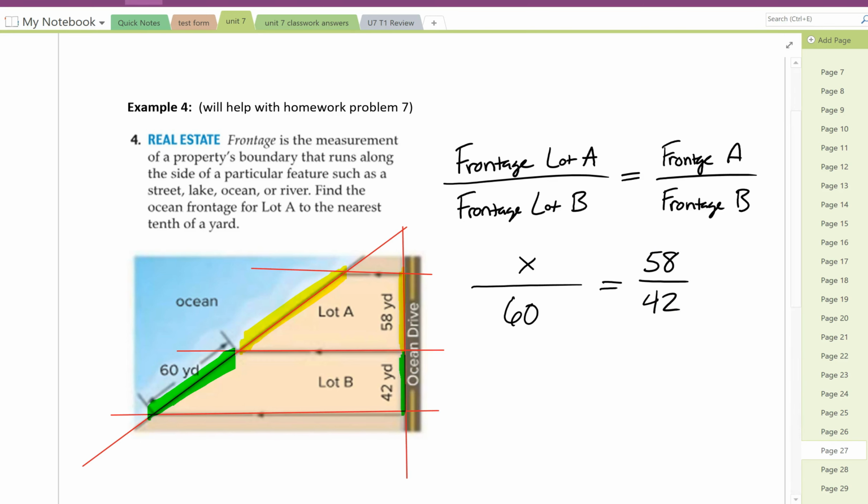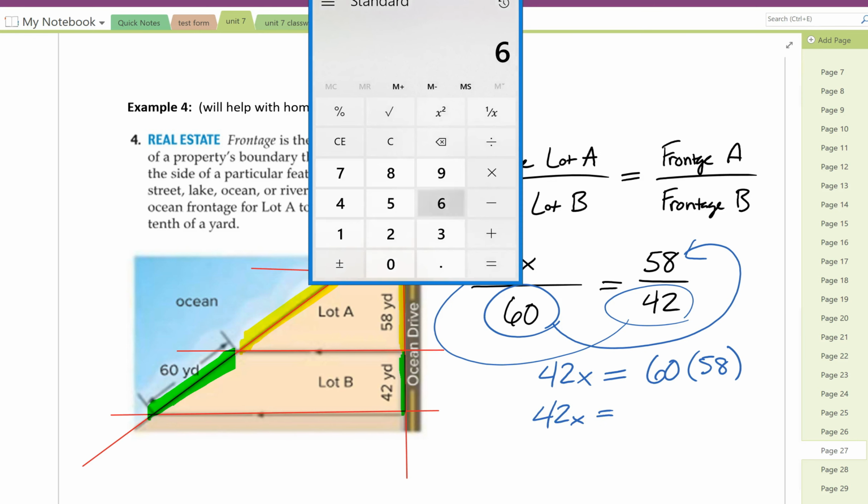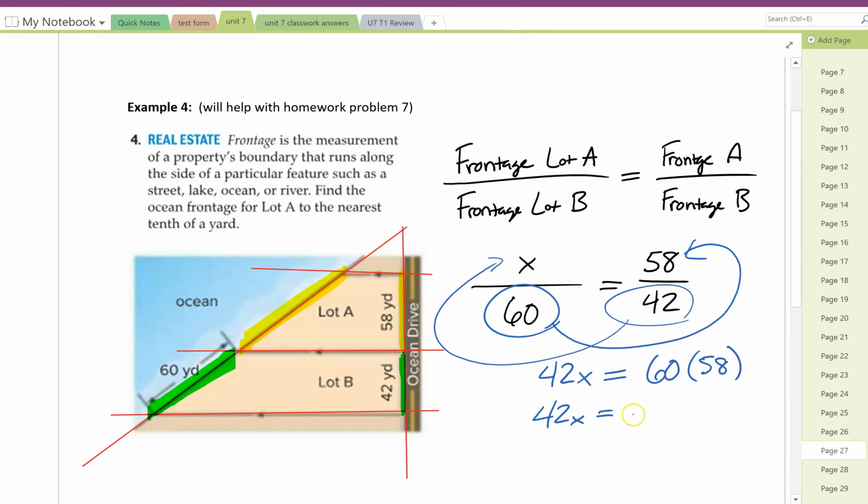So to figure out X, we're going to do cross multiplying again. So I'm going to take 60, multiply it by 58. On one side of the equal sign, I'm going to have 60 times 58. On the other side, I'm going to take this 42 and multiply it by X. All right, 42X then is going to be equal to whatever 60 times 58 is. 3,480.